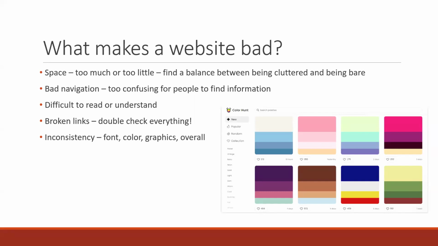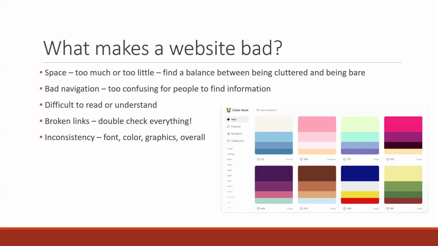Another thing that might make your website bad is broken links. And what that means is maybe you're linking to a farmer's market that you sell at. So for example, if you have a page on your website that is where to buy, and you talk about the farmer's market, and maybe you want to link to their website, make sure you're using the right link.